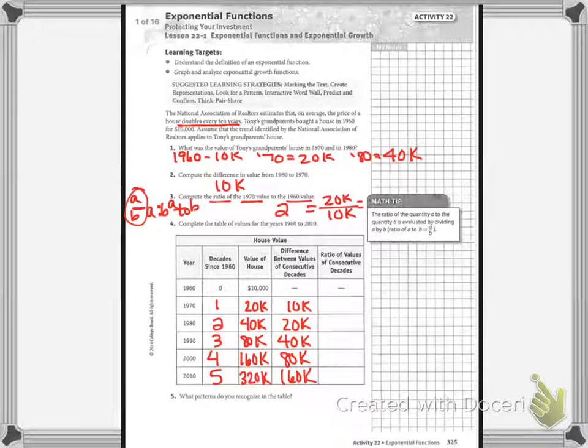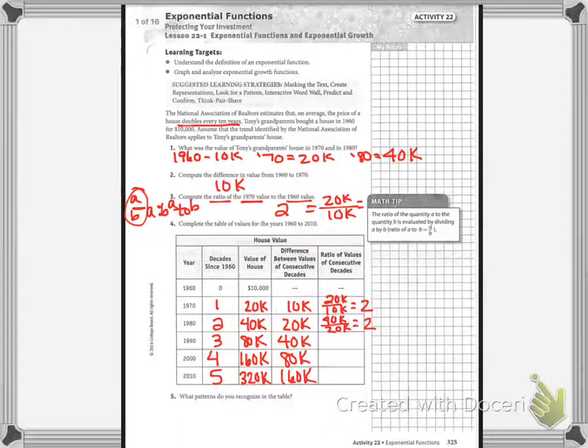So then we're going to write that ratio of the consecutive decades. We already did this a minute ago, where we had 20,000 over 10,000, which simplifies to 2. If we do the next one, it's going to be the 40,000 compared to the 20,000, which again reduces to 2.